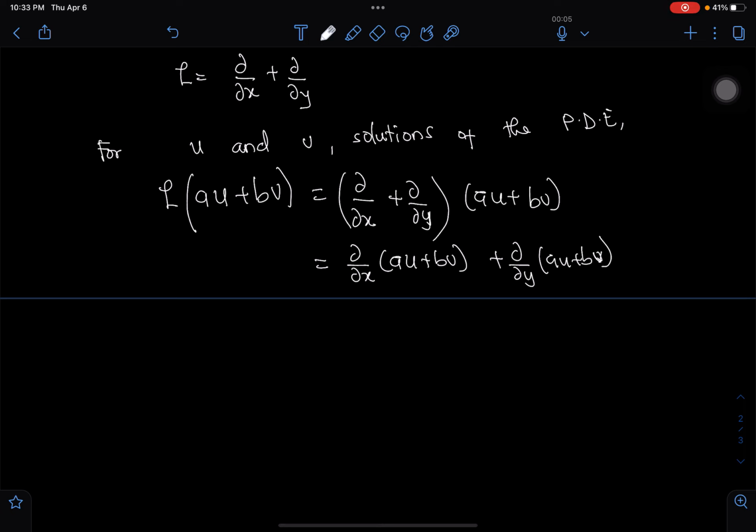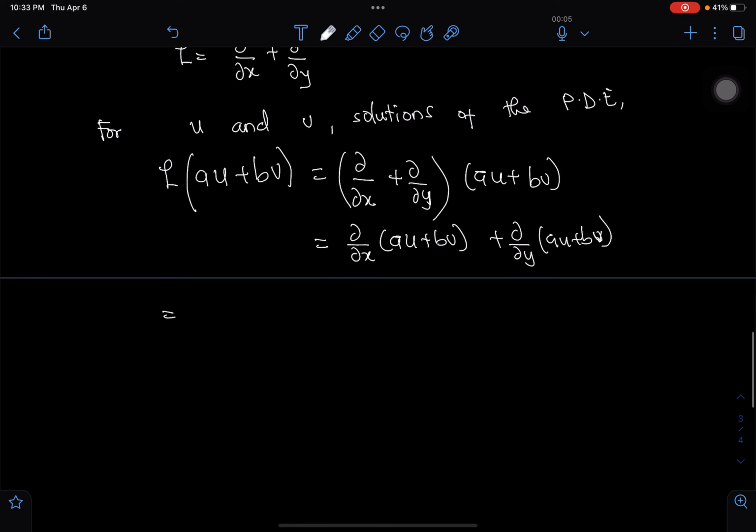And that is going to be equal to a del x of u plus b del x of v plus a del y of u plus b del y of v.